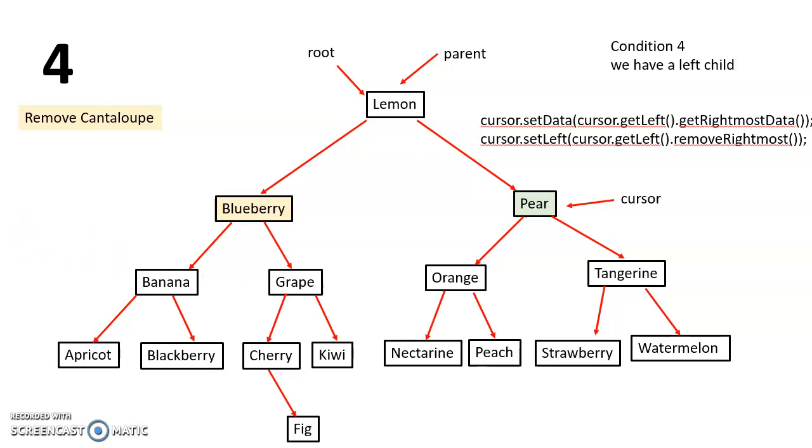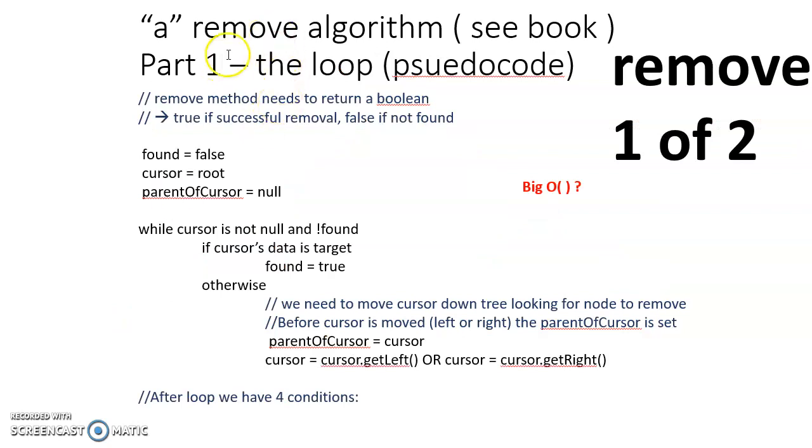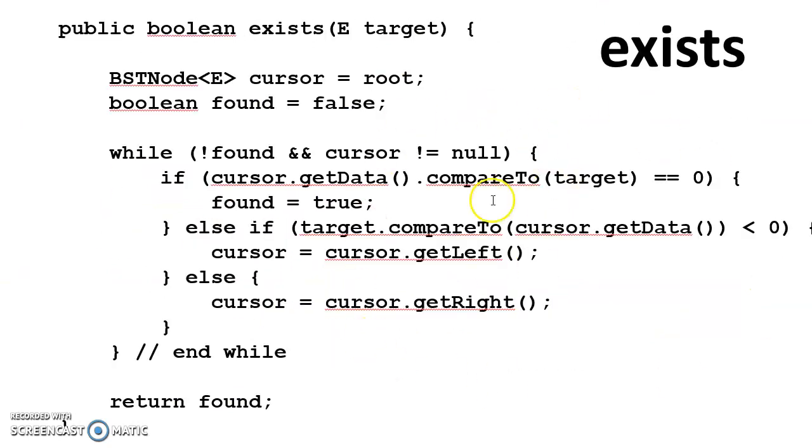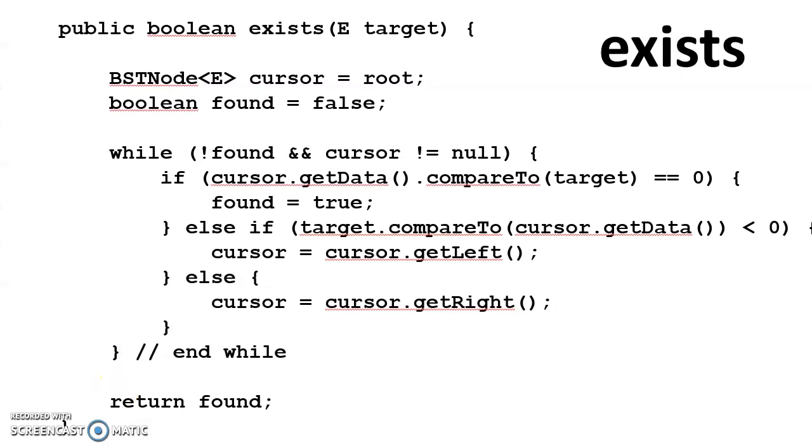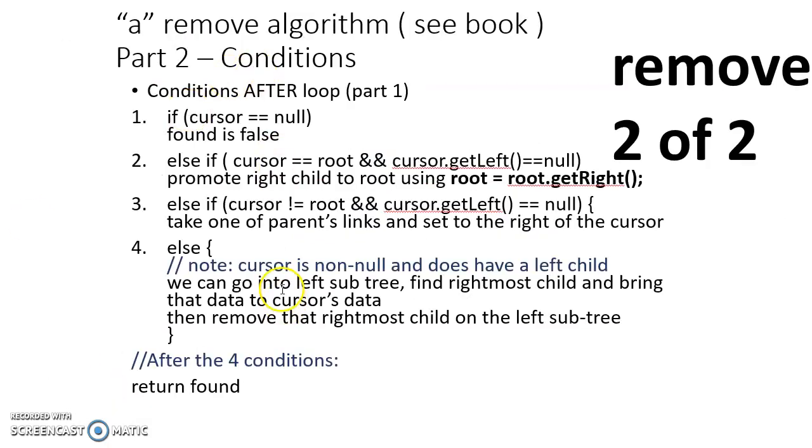Okay, so a recap. The remove has two pieces to the method. It's a long method. The first piece is the loop, and the loop that is here is very similar to the exists in terms of moving cursor down, and then after the while, that's where we have this long else if chain.